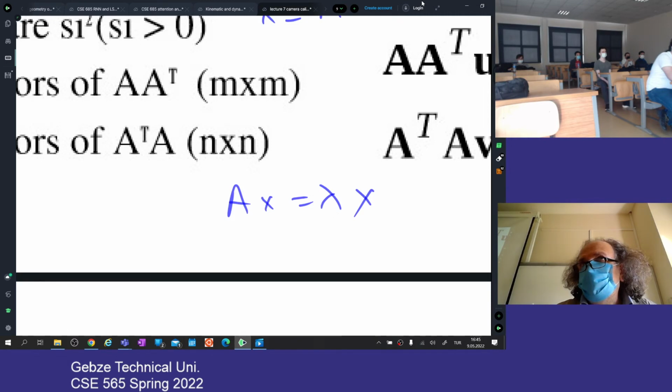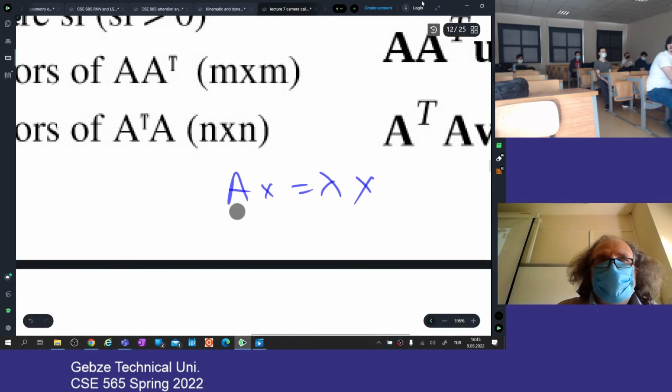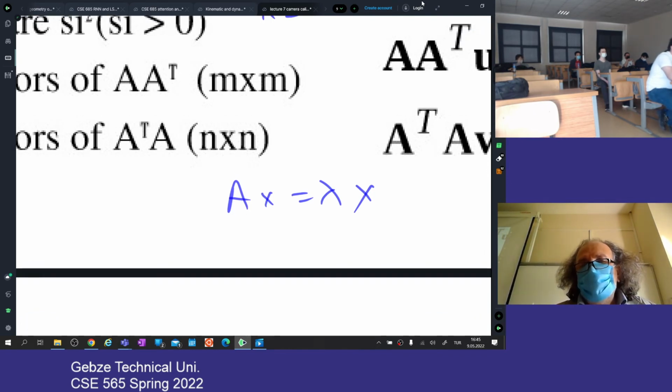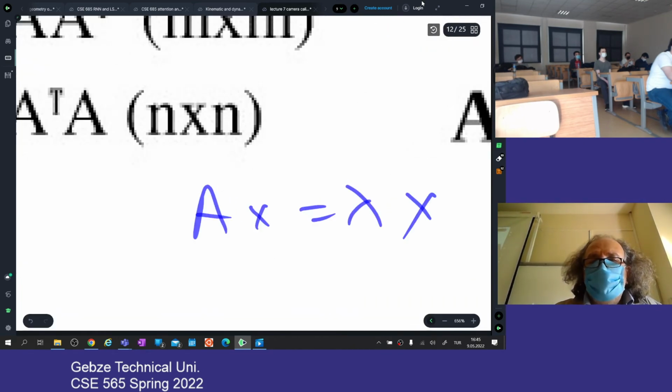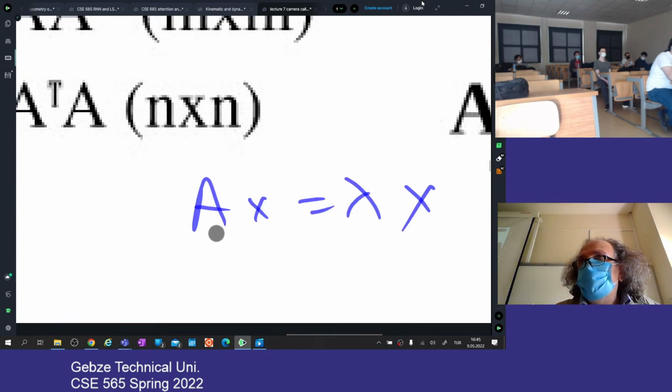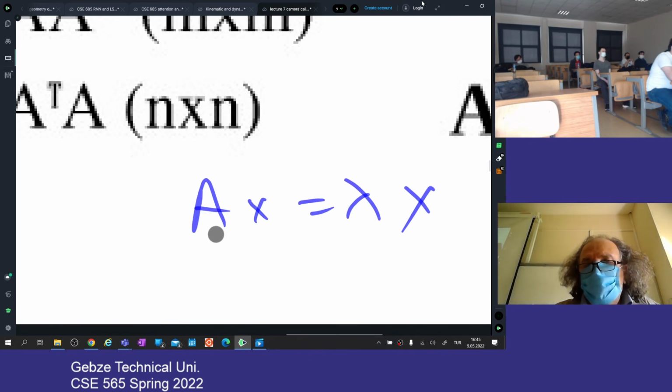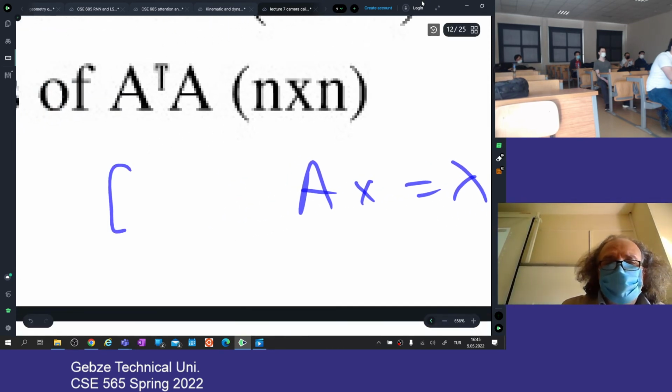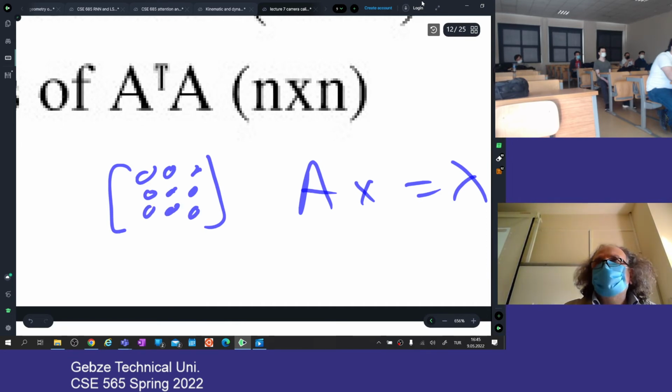Remember this, we did this for the corner detection. It is a very useful thing, and these eigenvalues and eigenvectors are characteristics of this matrix A. It tells you lots of things about this matrix A. If this matrix A has many eigenvectors and many eigenvalues, then it contains lots of information. If you have a matrix that is all zeros, an n by n matrix, it's not a very interesting matrix.